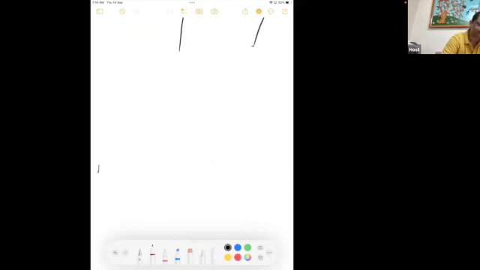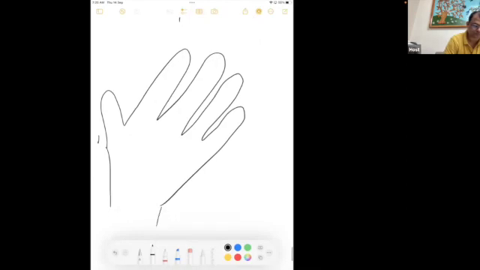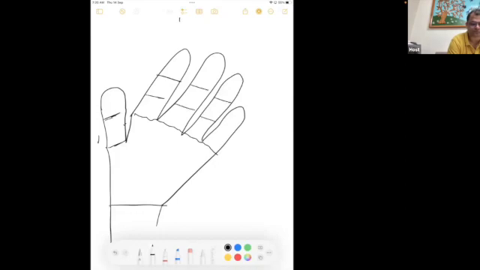coming back to the hand. So now look at all the fingers here. We are having two groups.